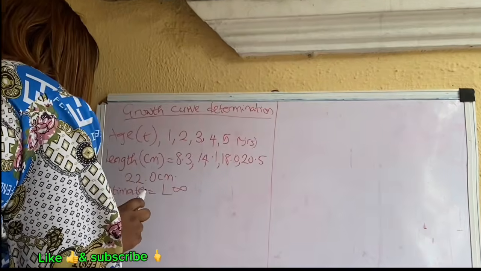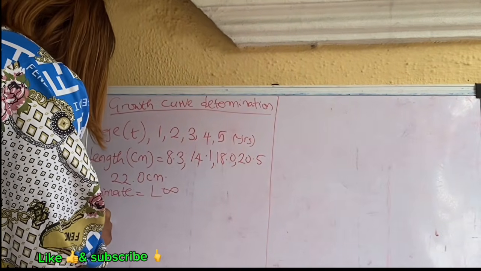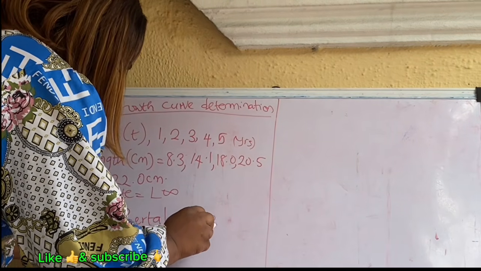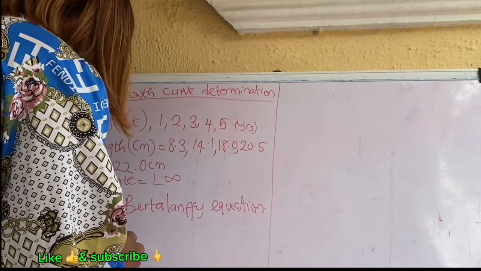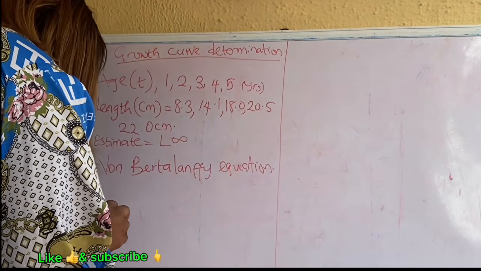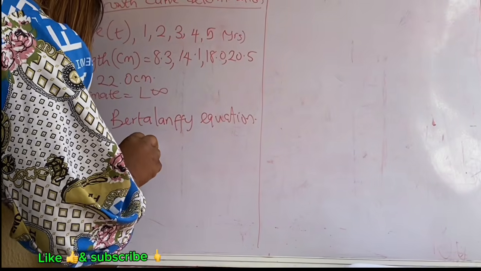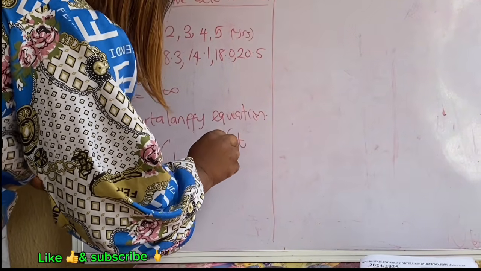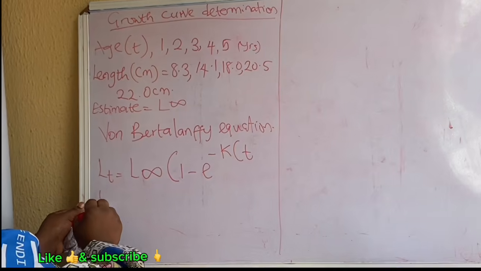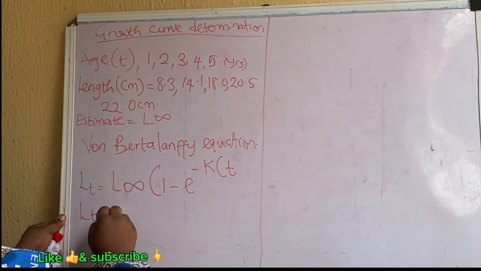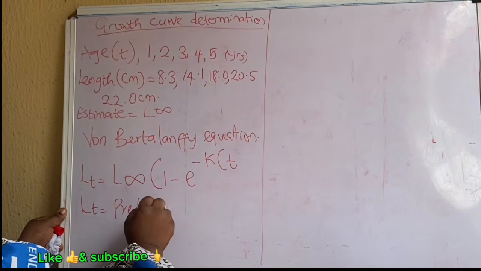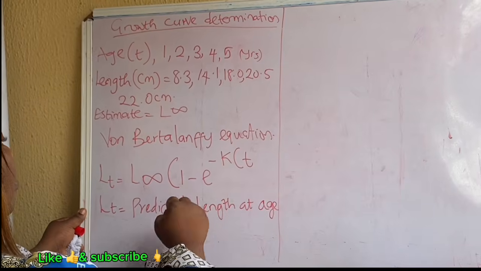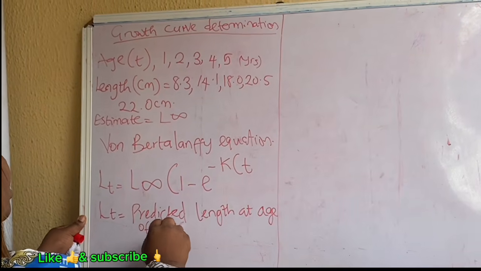First of all, this is the Von Bertalanffy's equation, where you have LT equals L asymptotic, bracket open 1 minus E raised to power K, bracket open T. The LT is known as the predicted length at age T of the fish sample.